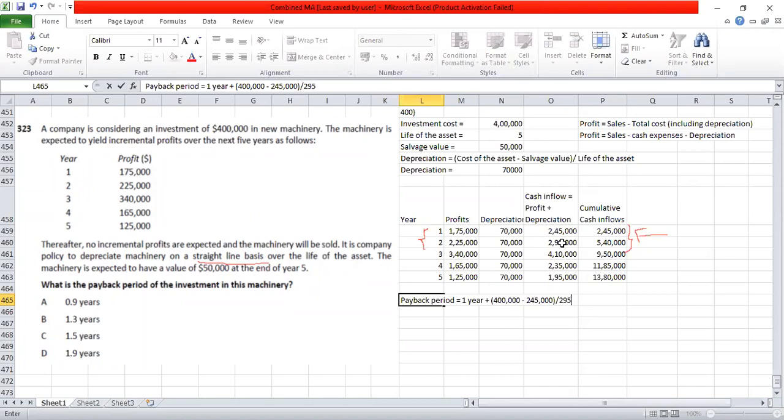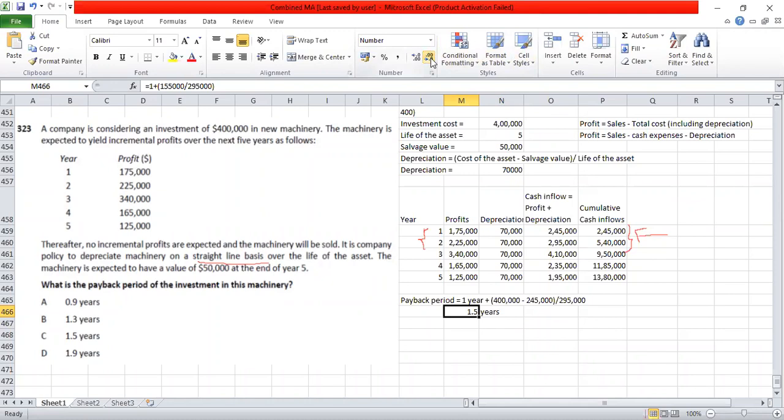So what fraction of the year will this amount be collected? Just check that. So that's 1.5 years.